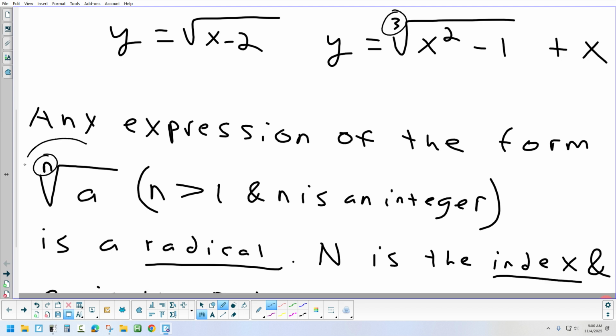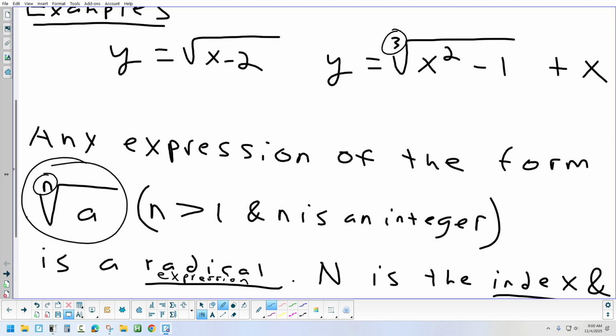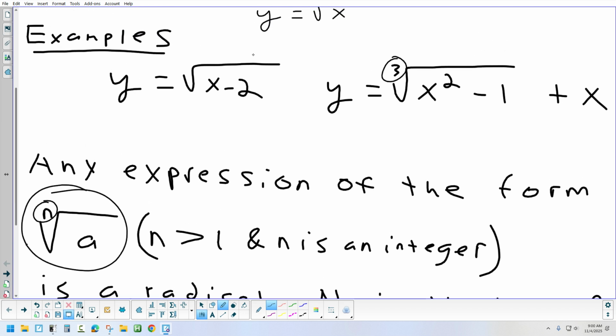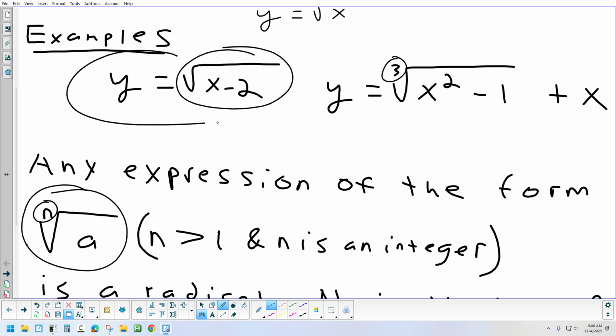This entire thing that I just circled is called a radical, or you can also say radical expression. It's not a radical equation because this doesn't have an equal sign. So that's a radical expression. This part right here is a radical expression. This entire thing is a radical equation.